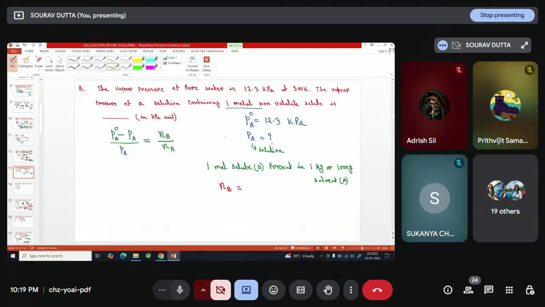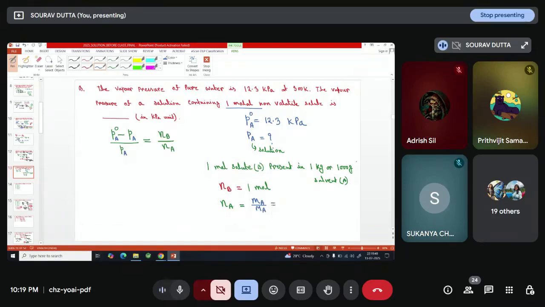So NB, the mole number of solute, is directly 1 mole. The mole number of solvent, how can I calculate it? 1000 gram of solvent, what does mole mean? Mole means mass by molar mass: mass of A divided by molar mass of A.